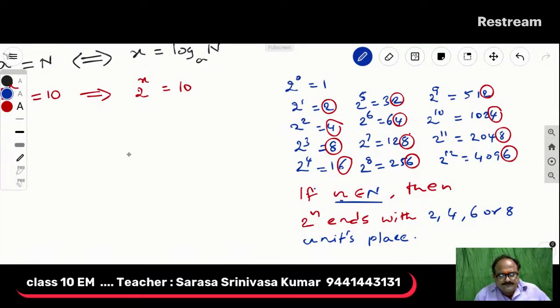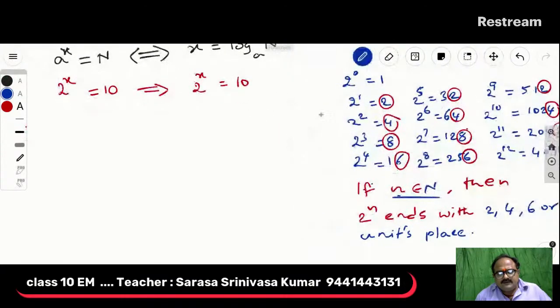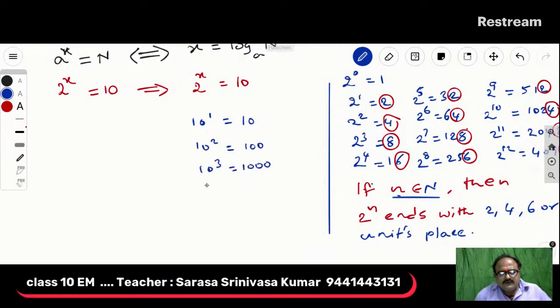Here 10 ends with 0 only. We now consider the examples for 10. Let us consider this. 10 power 1 equal to 10. 10 square equal to 100. 10 cube equal to 1000. 10 power 4 equal to 10,000.